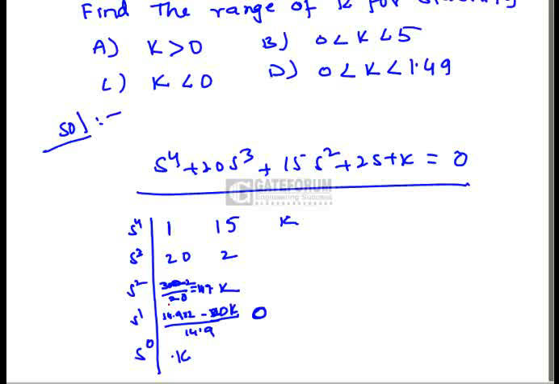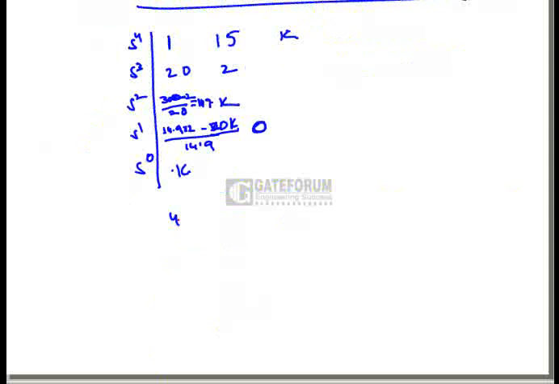Here 14.9 is also positive, and if you come to s power 1, the 14.9 into 2 minus 20k should be positive. That means 14.9 into 2 minus 20k should be greater than 0, then only it is positive. And the s power 0 coefficient is k, so this should also be positive. That means k should be greater than 0.